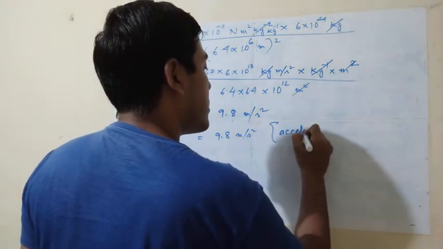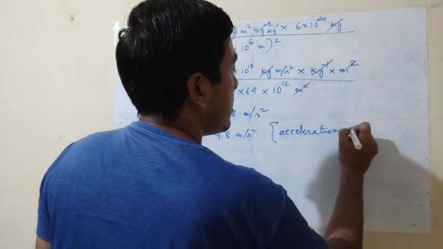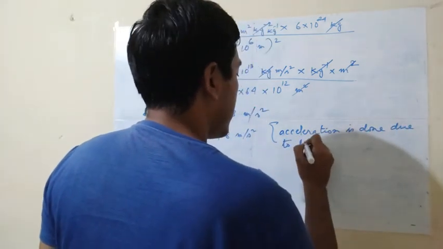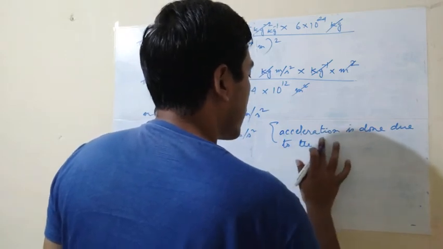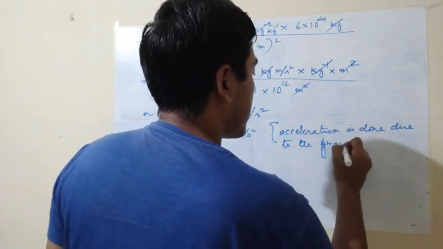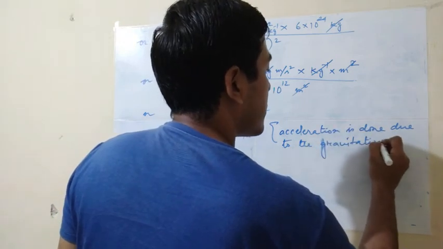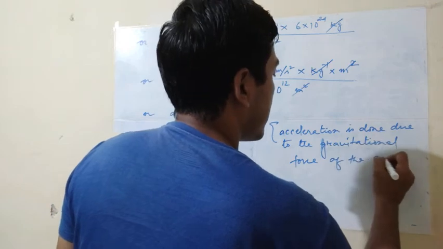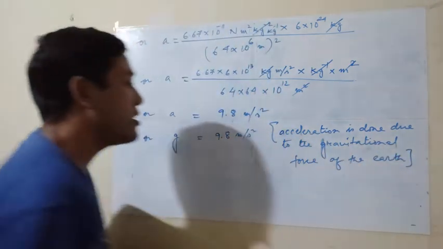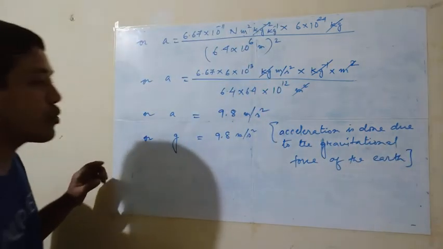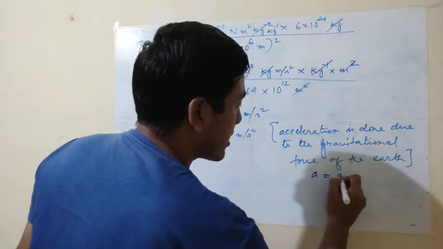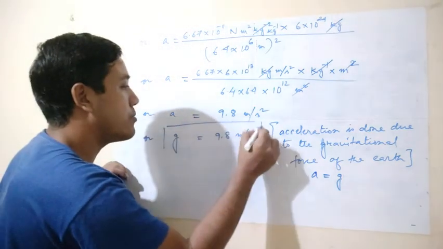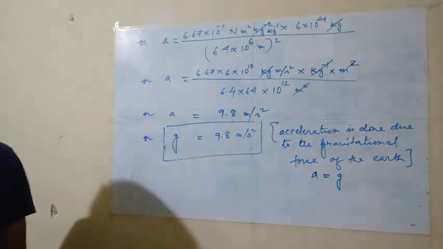This acceleration is due to the gravitational force of the earth. That is why this acceleration is equal to acceleration due to gravity. That's why I'm writing this: g is equal to 9.8 meter per second square. Please copy down this one.